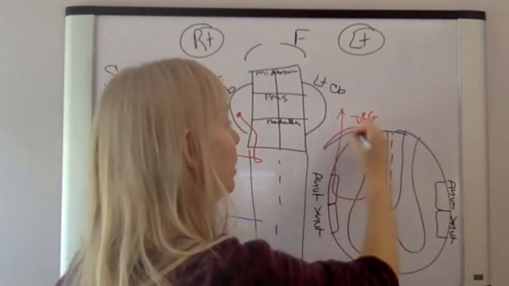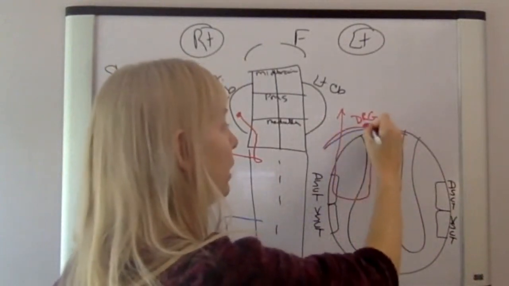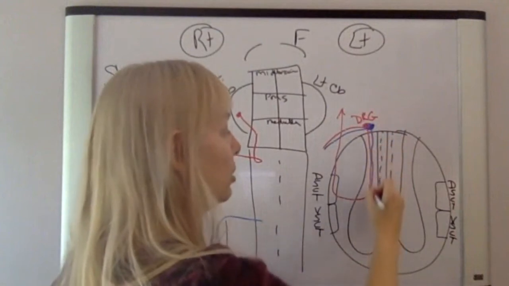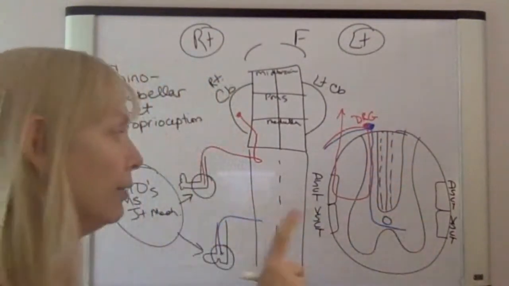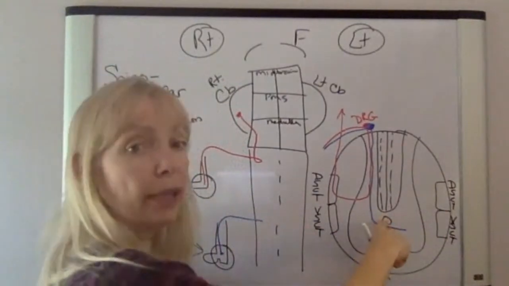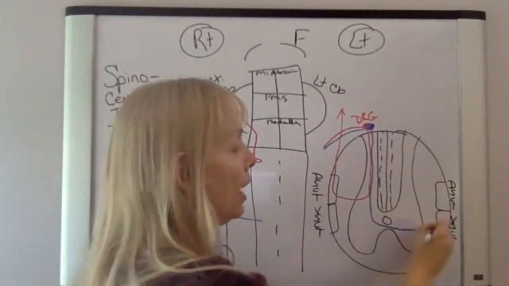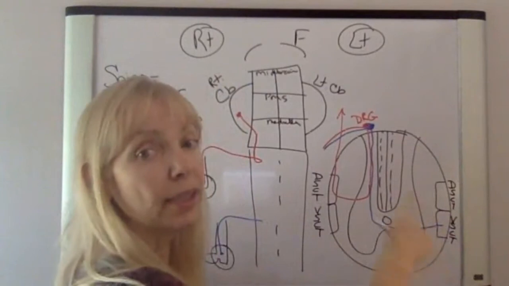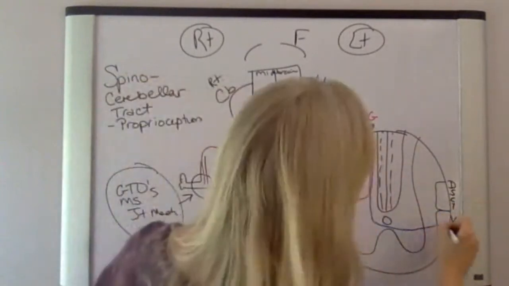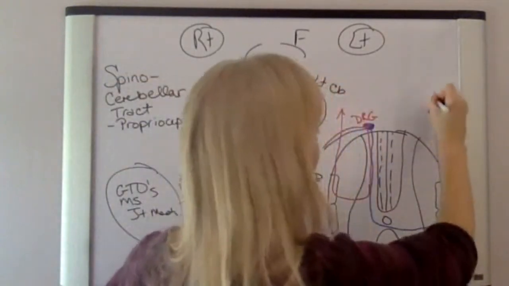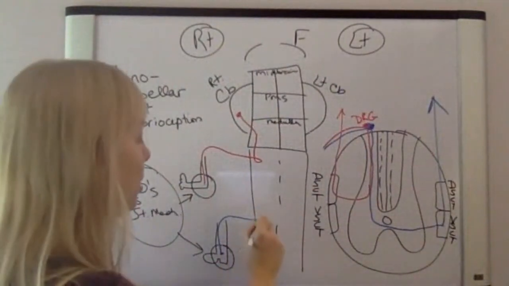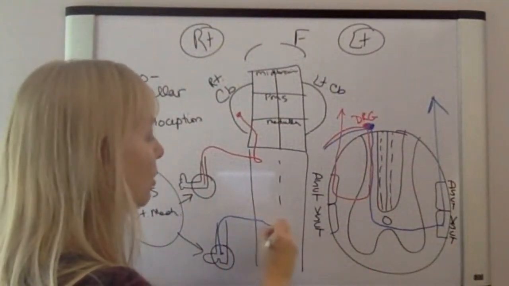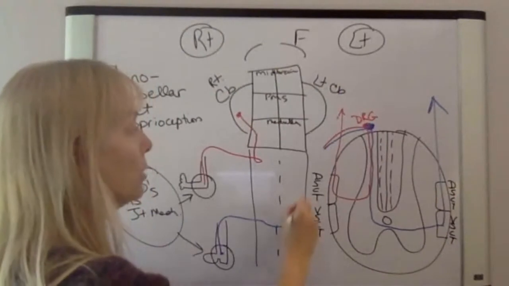But that's going to come in, dorsal root ganglia. But what it's going to do is it's going to cross over at that cord level in front of the central canal. It will go to the ventral spinocerebellar tract, and it will ascend in the spinal cord contralaterally. So we see it comes in, crosses over, goes up.